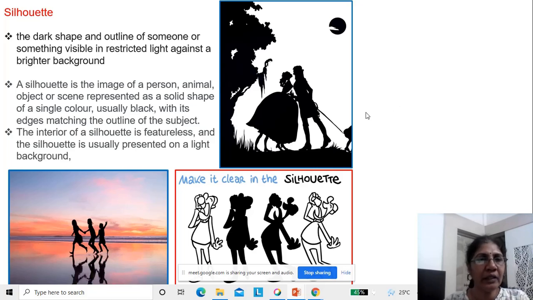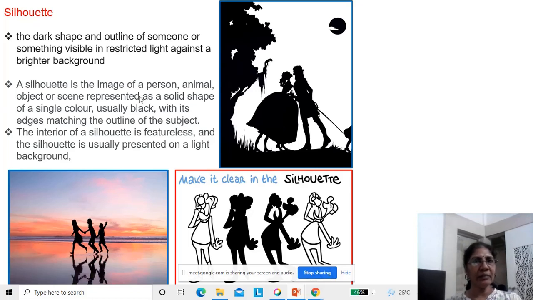But in a silhouette, what we see is the dark image against a lighter background, as light as white or light blue, because the images are all either dark gray or black, right?